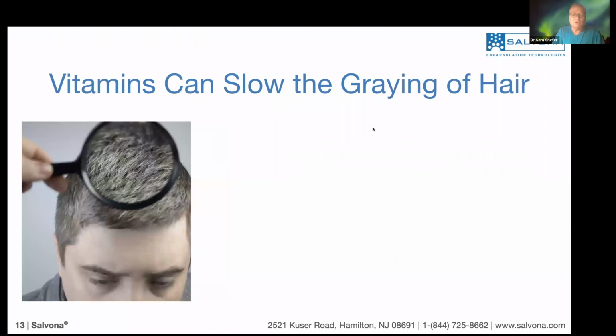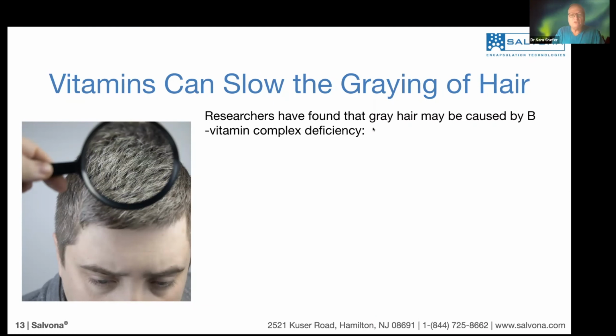Okay, so what else do we know that can affect gray hair? Vitamins. We know for sure from intense scientific research over the years that the vitamin B complex is critical to reduce gray hair, especially vitamin B6, vitamin B12, and biotin, which is vitamin B7.